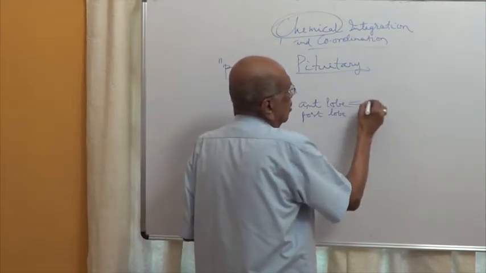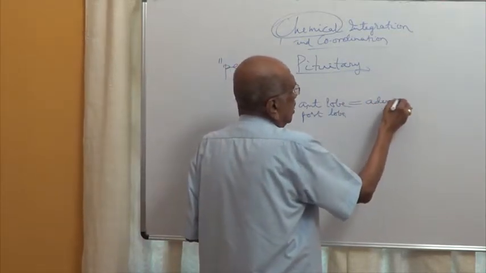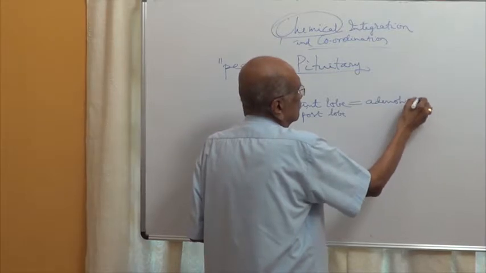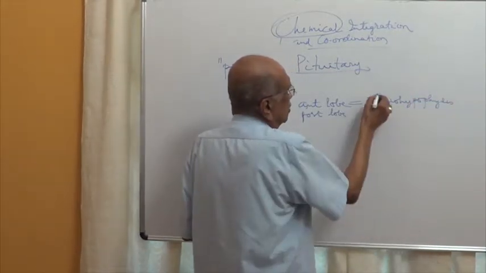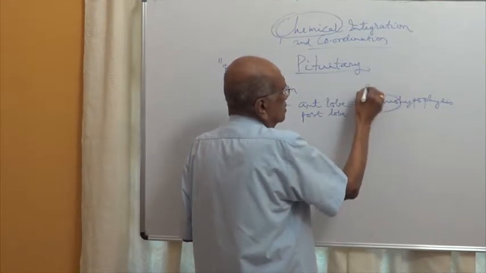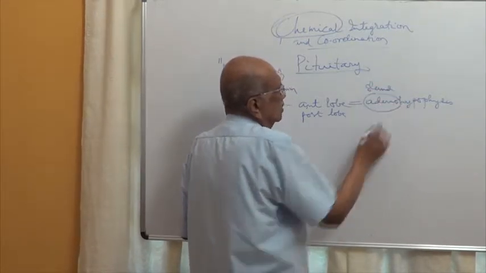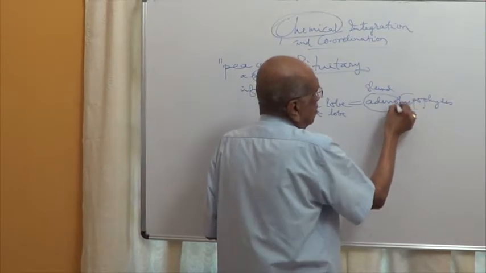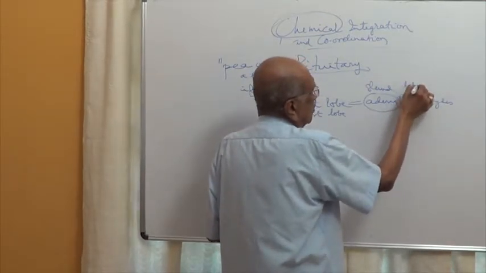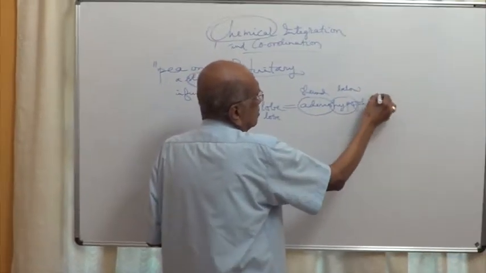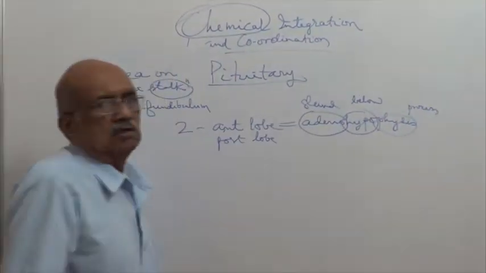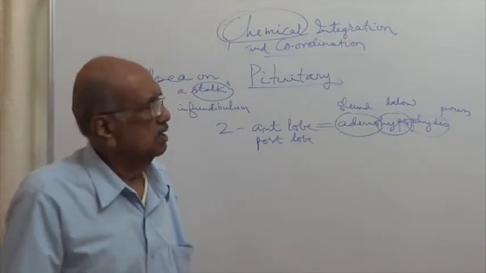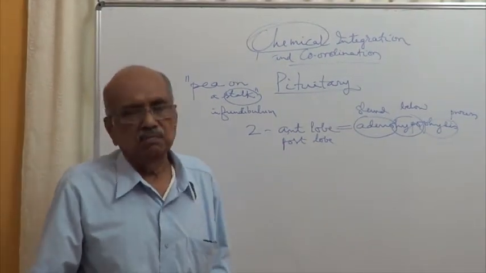The anterior lobe is called adenohypophysis. Adeno, wherever it comes, refers to a gland. Hypo is below, physis is a process. So, a glandular process hanging from the brain proper.